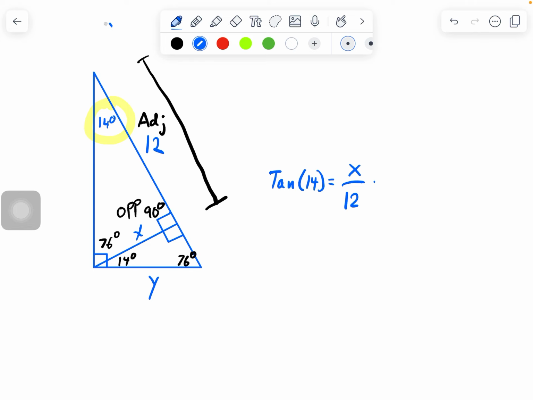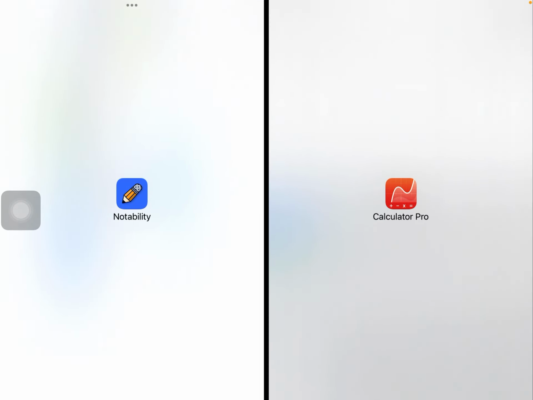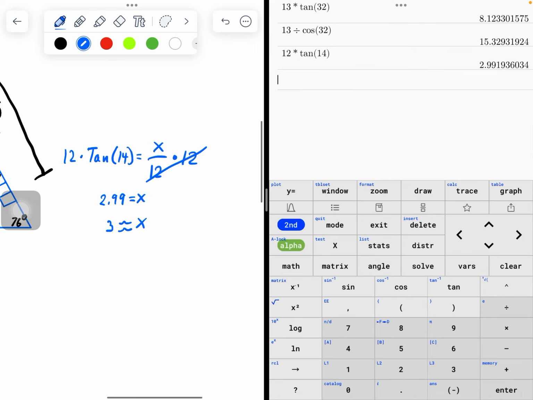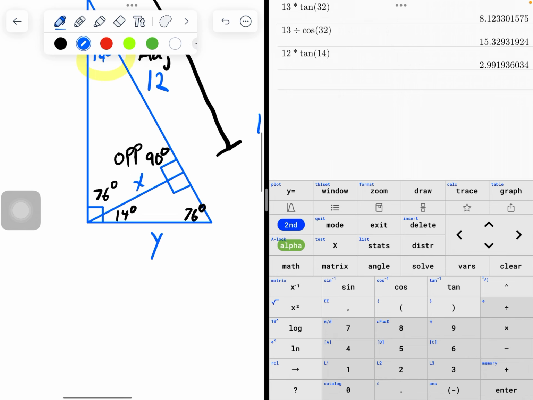So here, since 12 is on the bottom, you multiply both sides by 12, and whatever 12 times tangent of 14, excuse me, is in the calculator, that's going to be our answer. So that comes out to be really close to 3, 2.99, or if you just want to round that up, it's really close to 3, so I'm fine if you round that there. So that means that this side length of x is equal to 3, or really close to it.